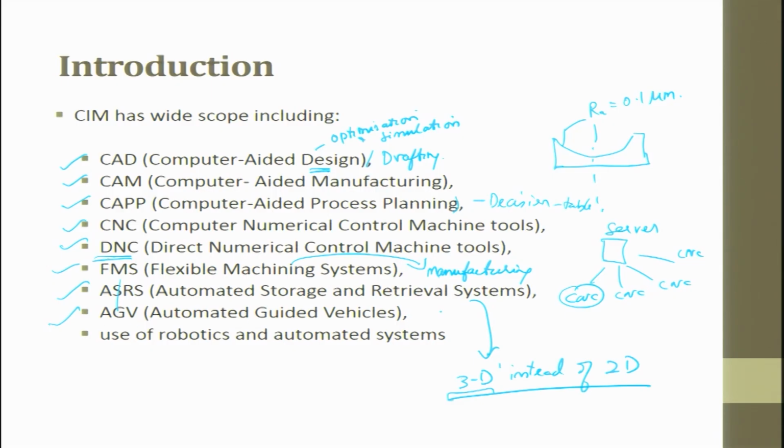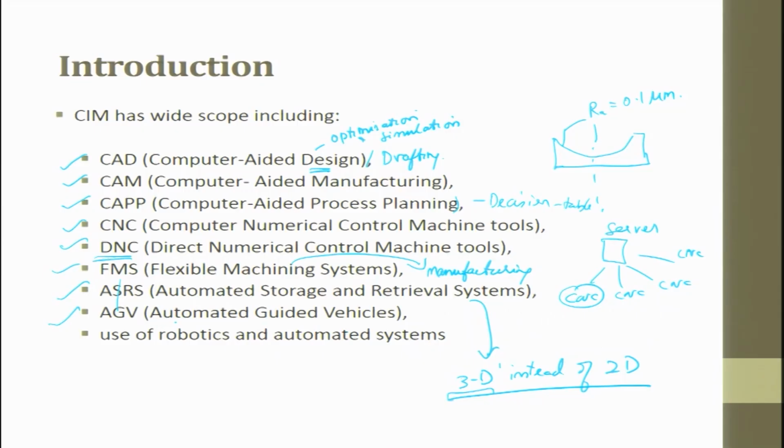AGVs are basically used to transport material from one location to another. It can be a loading station, unloading station, CNC machine, or a central store warehouse. It is an automatic, driverless machine, operated by computer control from a central location or by a server.